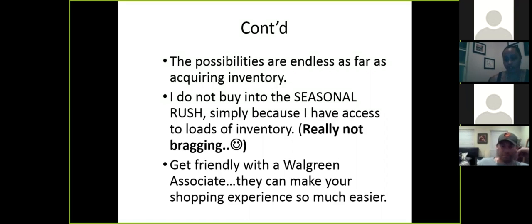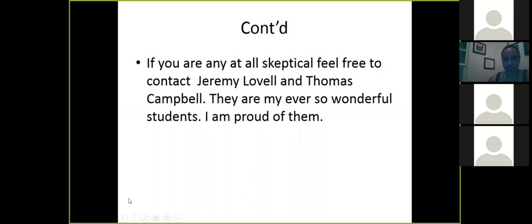I know Walgreens is not one of the stores that will order extra items for you, but you have 13,000 Walgreens in the U.S. and Puerto Rico, so I'm sure you could easily find 5 of them around you to source. And sourcing at 5 Walgreens in a day, you can get a trunk full, a car full. So possibilities are definitely endless.